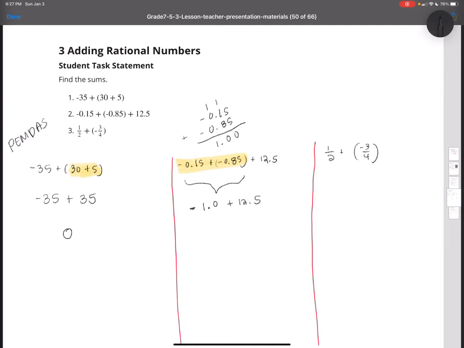Now, anytime the signs are different, you want to subtract them. This is the same as saying 12.5 minus 1. So 12.5 minus 1 would in fact equal 11.5. Therefore, this is 11.5.